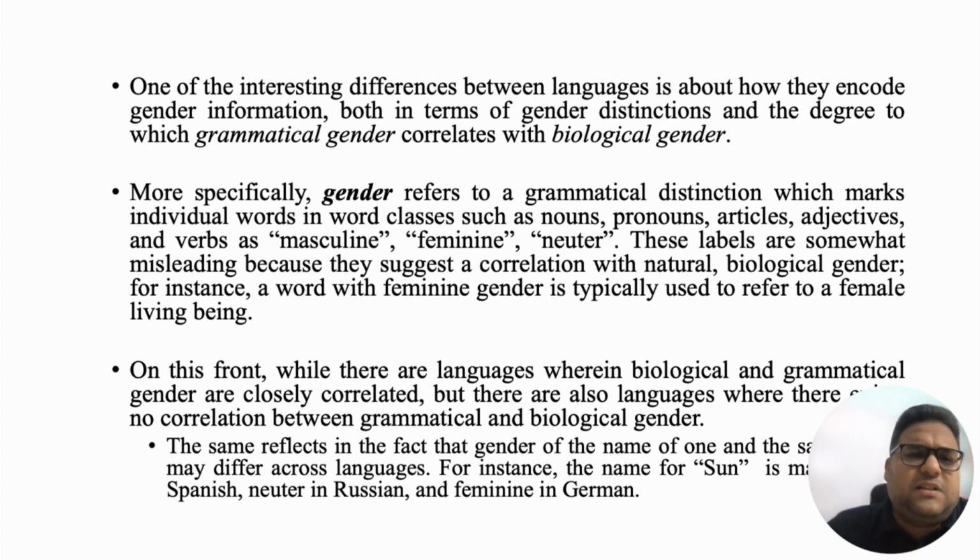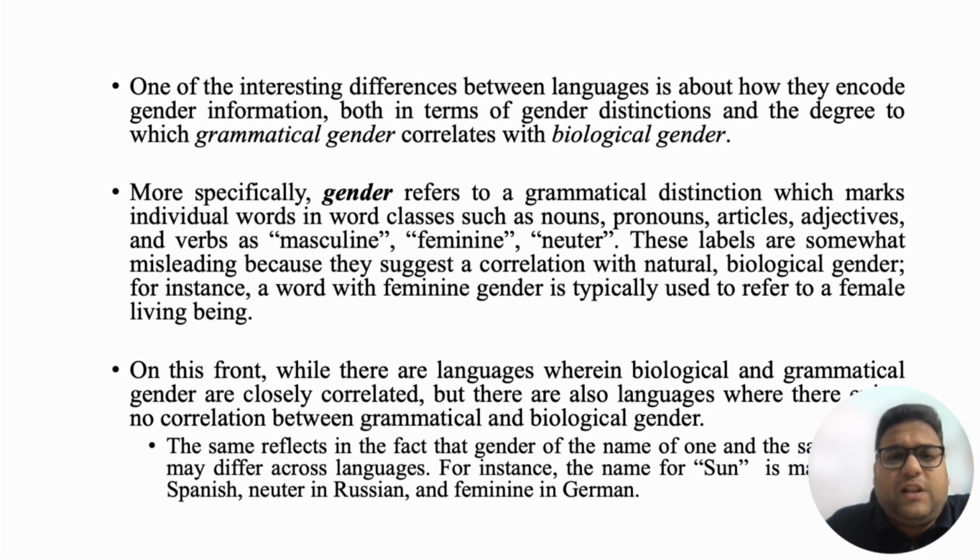Now, these labels are somewhat misleading because they suggest a correlation between natural gender and biological gender. Remember, grammatical gender is the gender of objects and things when we are referring to them in language, but they may or may not be highly correlated with the actual biological gender of the particular being.